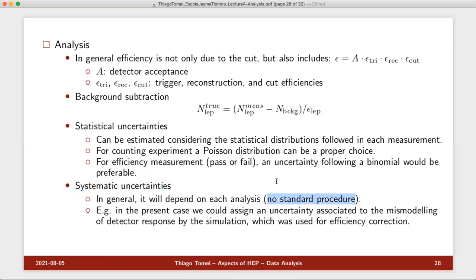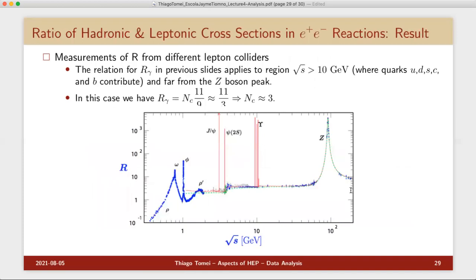For instance, maybe your detector works better to detect leptons than to detect hadrons or vice versa. So you have to correctly account for that. Or maybe tracks from leptons are easier to reconstruct than tracks from hadrons, and so forth. So you have to do your study about that.